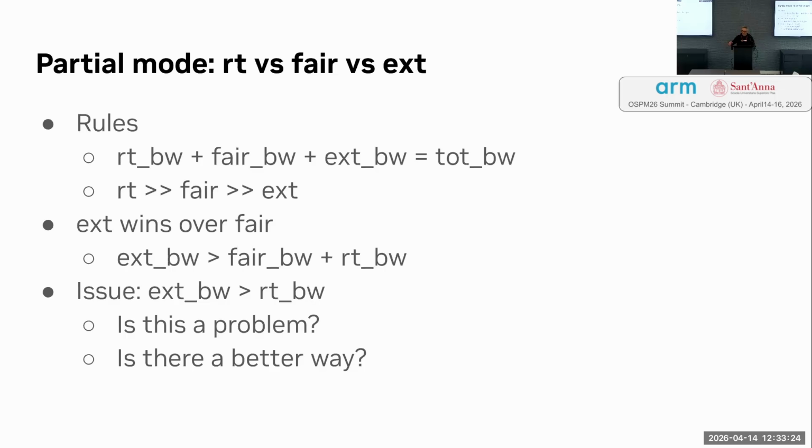Yeah, I mean, I agree that the best use case is to do static partitioning. If you don't do that, you're not completely lost. At least you have a minimum bandwidth guarantee, and then it's up to you how you define the bandwidth, right? I don't think it's partial mode.